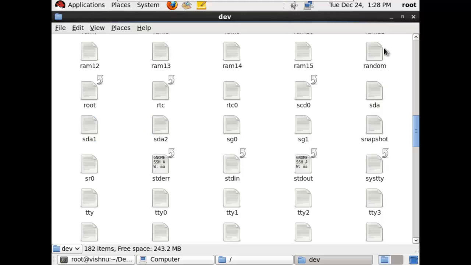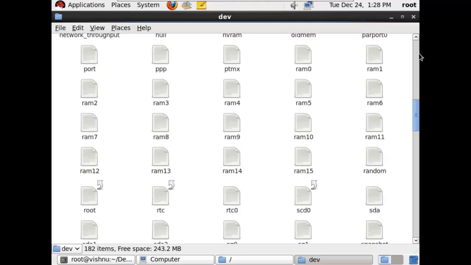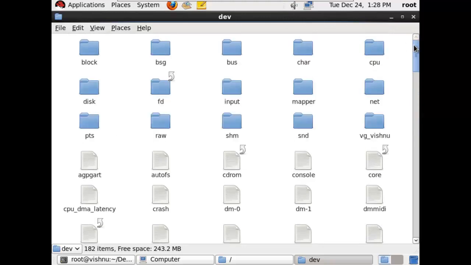And guys, this dev folder that you are seeing contains all the hardware devices which you attach to your server externally. It is not only the case with hard disks, it is also with CD-ROM or any external device that you attach to your Linux server.